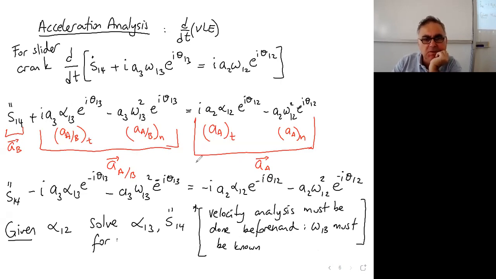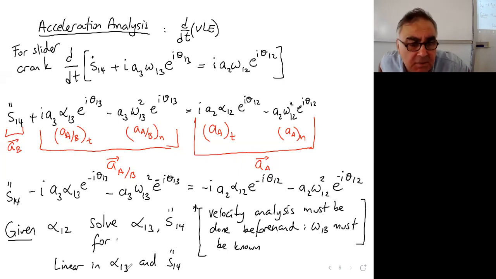Now, if you look at these two equations, this one and the conjugate of it, these equations are linear in alpha 13 and S14 double dot. They are very complicated, but they are linear. So it is possible to solve for these quantities.